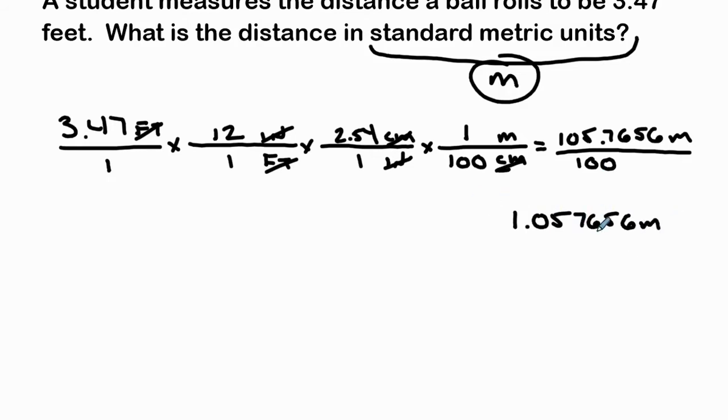Now we want to give our answers in 3 sig figs. 1 is a significant figure, the 0 is captive, so it is, and 5 is non-zero, so it is. This is where I'm going to stop, but the 7 means I have to round this up. So my final answer with 3 sig figs would be 1.06 meters. So the student measured 3.47 feet, which is equal to 1.06 meters, approximately.